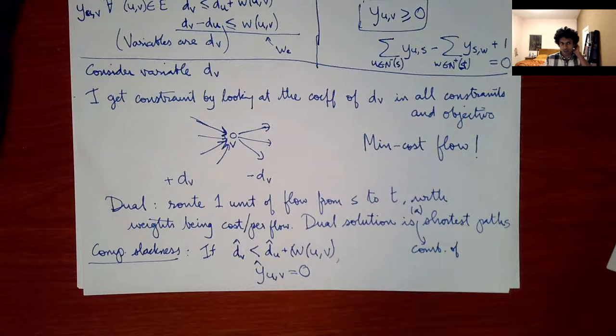What does this mean? It means something that's actually fairly obvious in terms of shortest paths. Anyone hazard something?